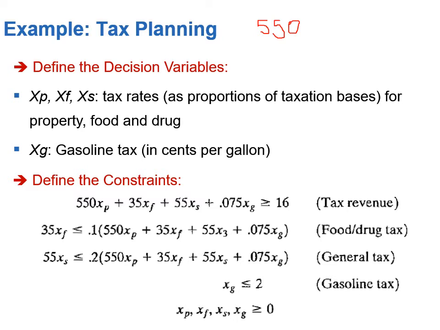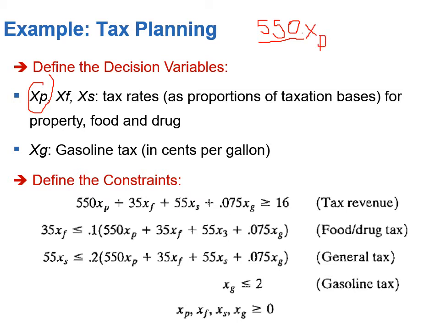In every one of these we have these millions, so we can just ignore the millions and use the remaining part. 550 is the tax base for real estate, and this XP is the rate, the percentage of this that we are collecting as a tax.